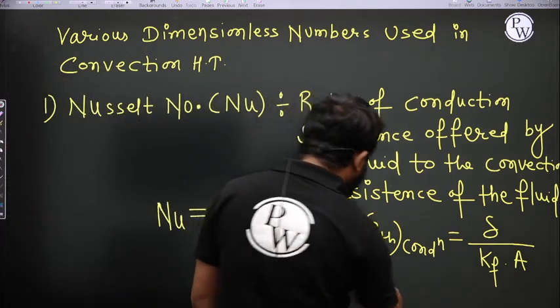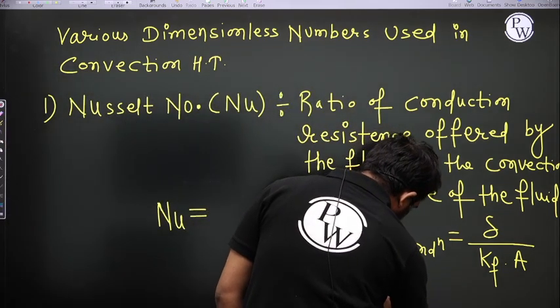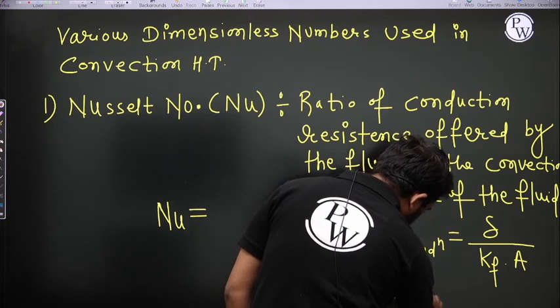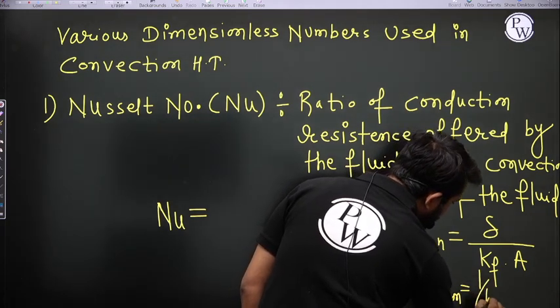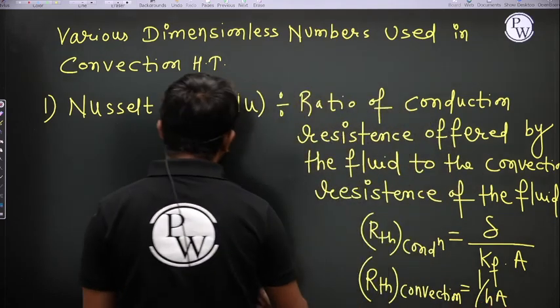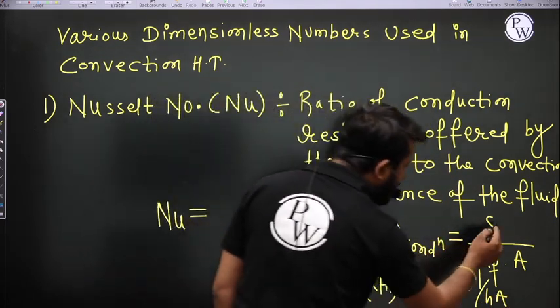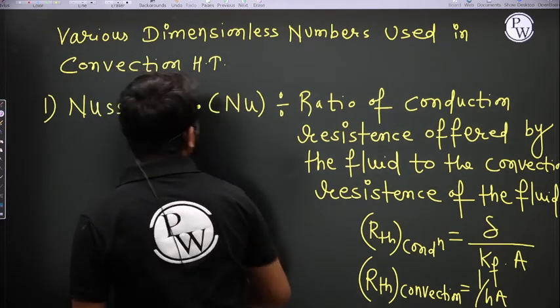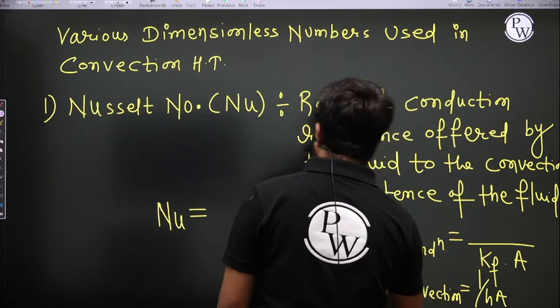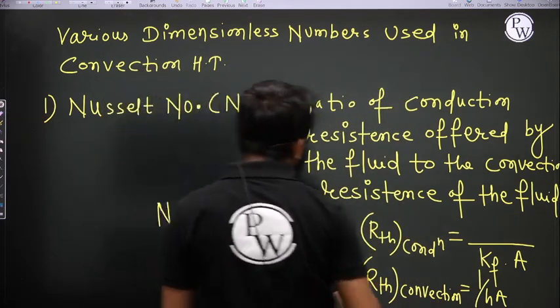Now see here, next is the convection resistance. And what is the convection resistance? That is 1 upon hA. So I'm replacing this delta by another term, and that term is L_c, the characteristic length.